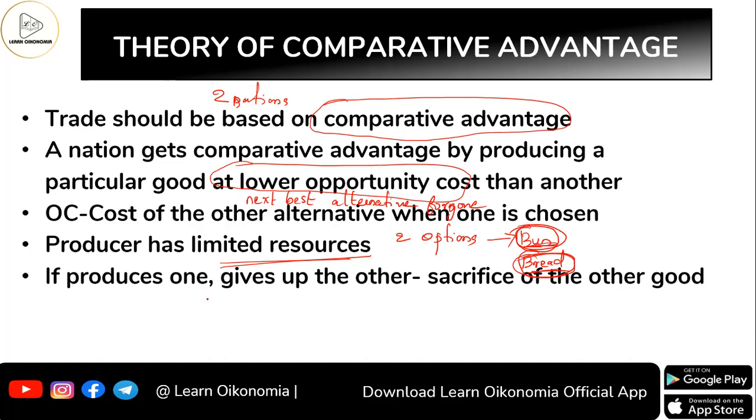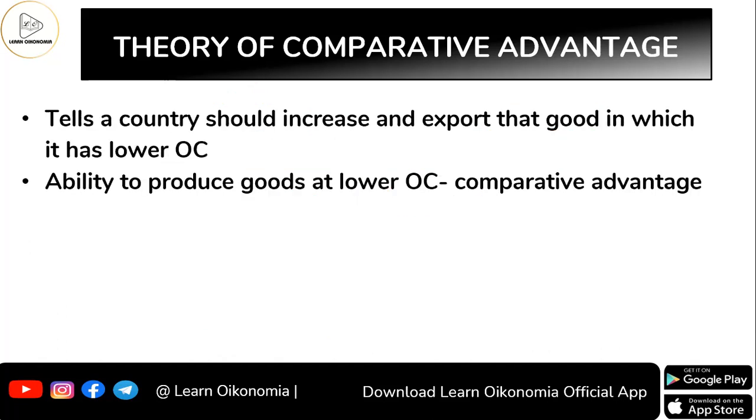Whenever we have a lower opportunity cost in the production of a particular good, this is what the idea of comparative advantage tells us, as put forward by David Ricardo. The theory says a nation should increase and export that commodity in which it has lower opportunity cost.